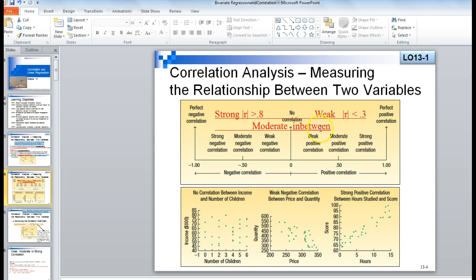We are going to define the strength of relationships with correlation. We're going to say if the absolute value of r, the correlation coefficient, is greater than 0.8, that's going to be a strong either positive or negative relationship. Why do we use the absolute value? What's the point of using absolute value? What does that mean anyway?